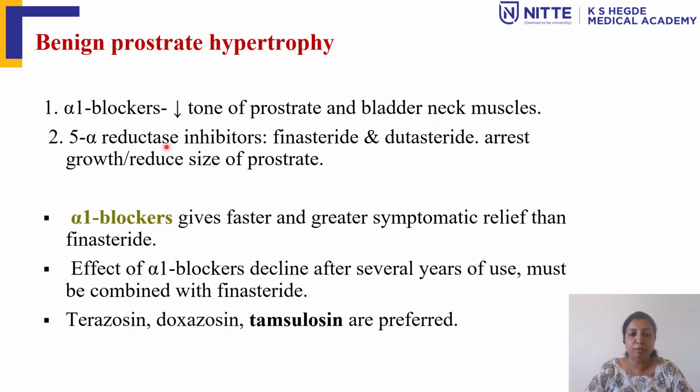The second type is the 5 alpha reductase inhibitors like finasteride and dutasteride, which can arrest the growth or reduce the size of the prostate. Alpha 1 receptor blockers give faster and greater symptomatic relief than finasteride, but their effect declines after many years of use and they must be combined with finasteride. Alpha blockers like terazosin, doxazosin, and tamsulosin are preferred.